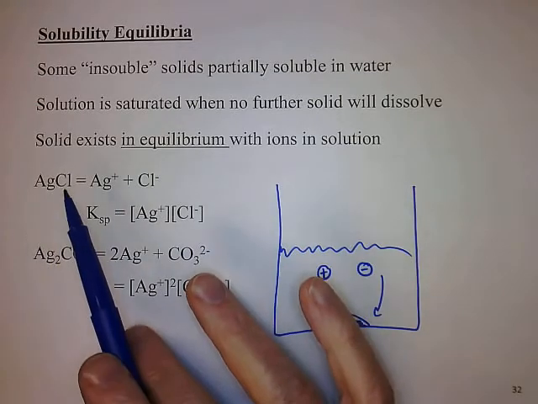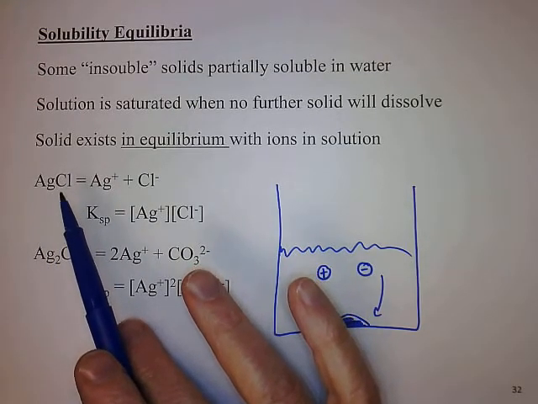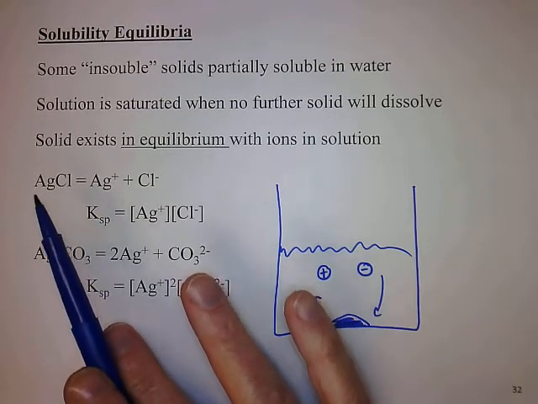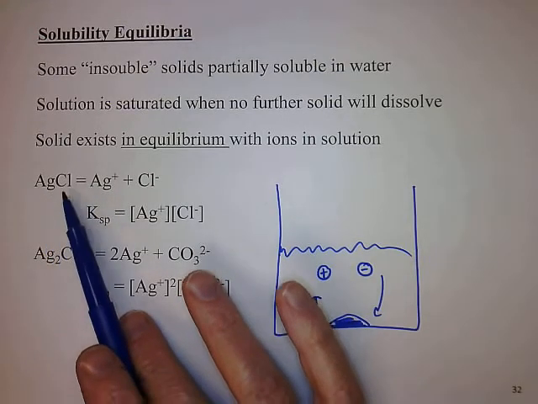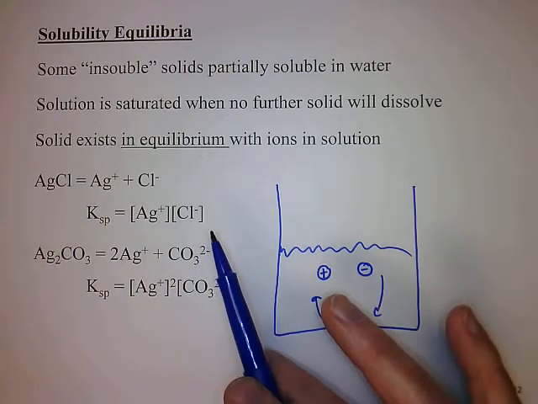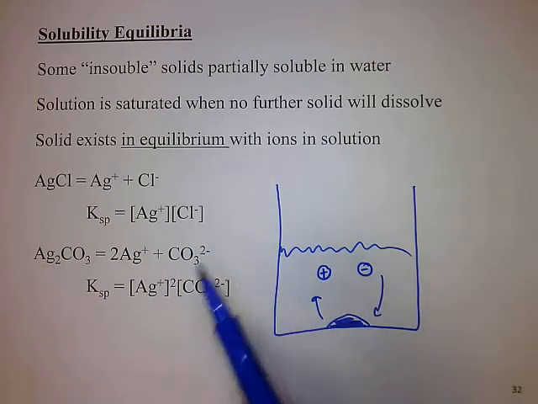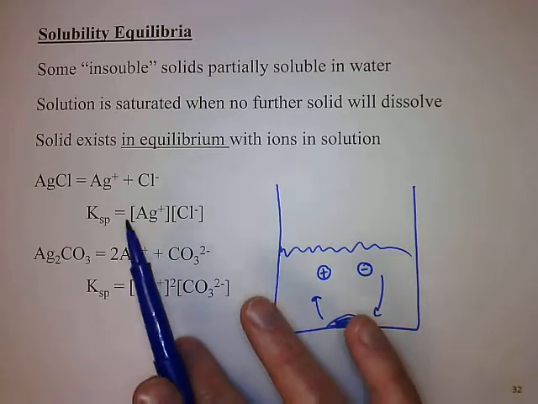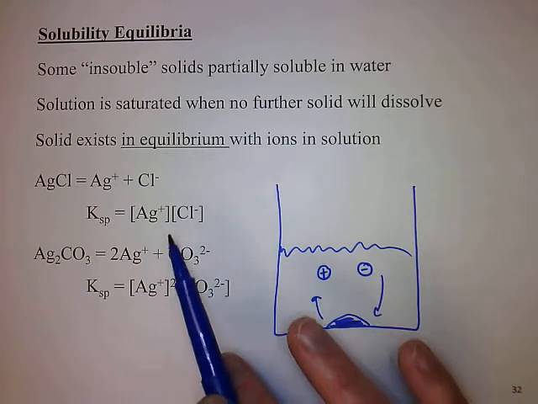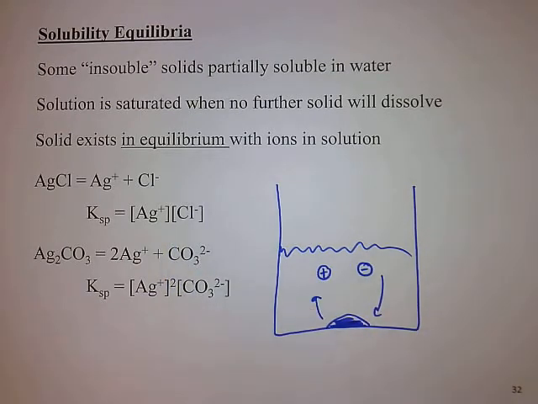Except for the fact that silver chloride is not soluble. It's a solid that's basically fallen out of solution. You can't express the concentration of a solid. So that's basically a 1, which means it drops out, and your K, which we call Ksp for solubility product, is simply the product of the ions.